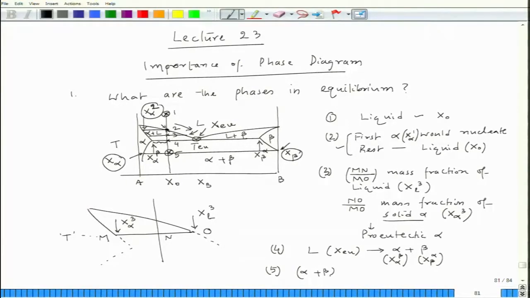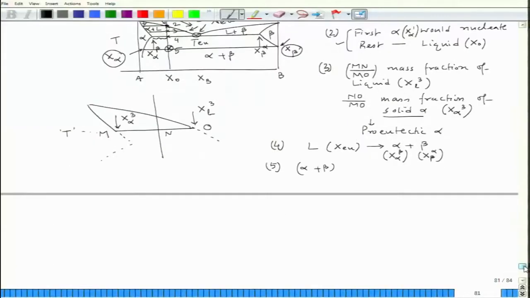So, we are actually able to know from the phase diagram what the phases are, what the compositions are, and what the fractions are. These are the pieces of information we are getting.